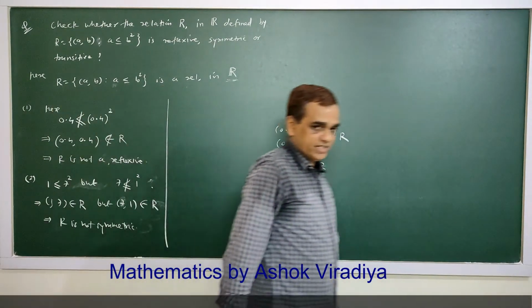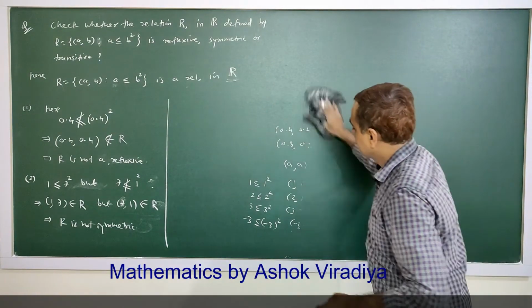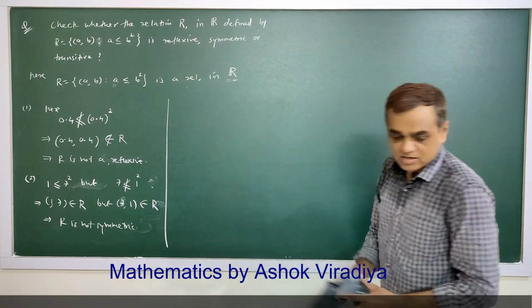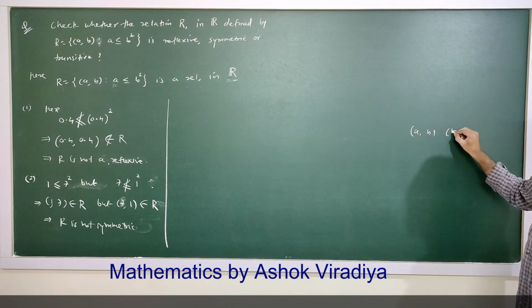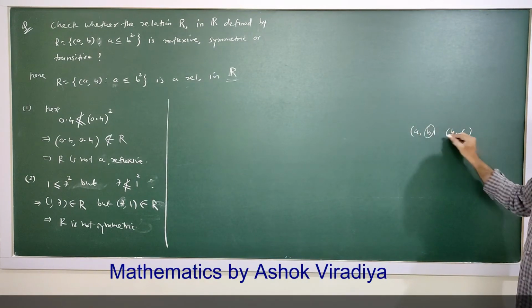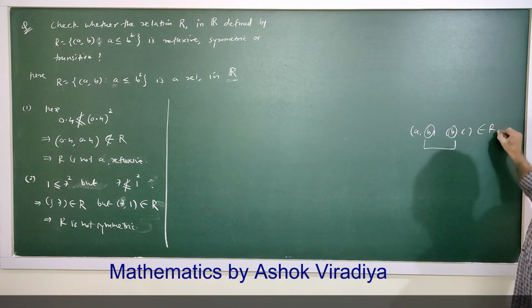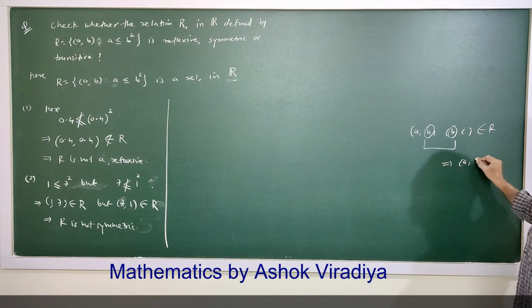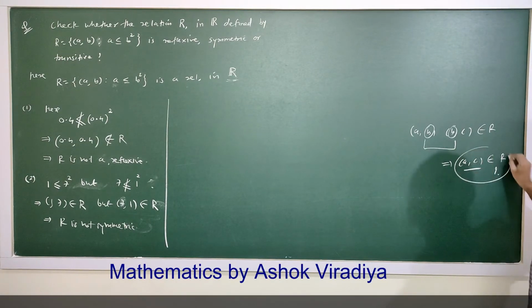So this example is sufficient to say that R is not symmetric. Now transitivity. For transitivity, we have to think of two ordered pairs (a, b) and (b, c) in which b is common, belonging to R, such that does (a, c) belong to R, that we have to check.